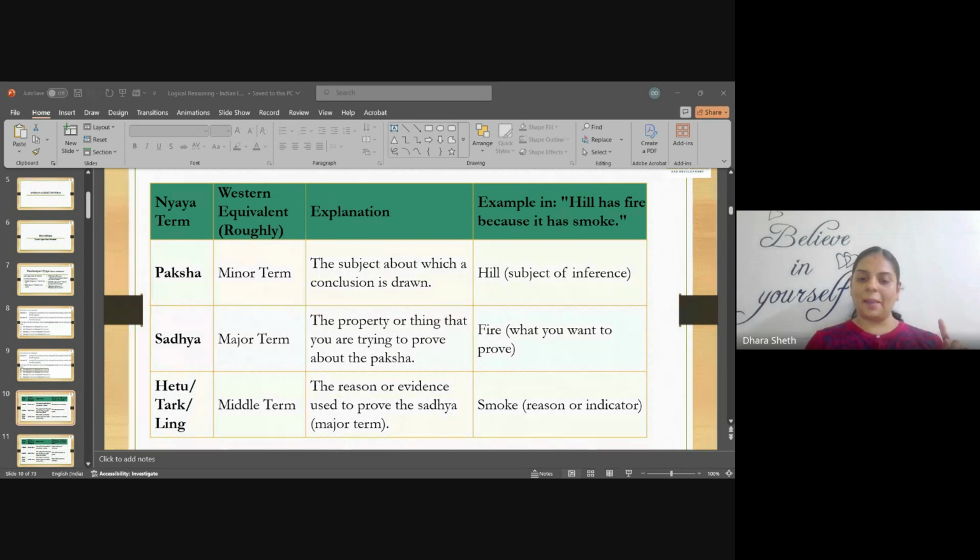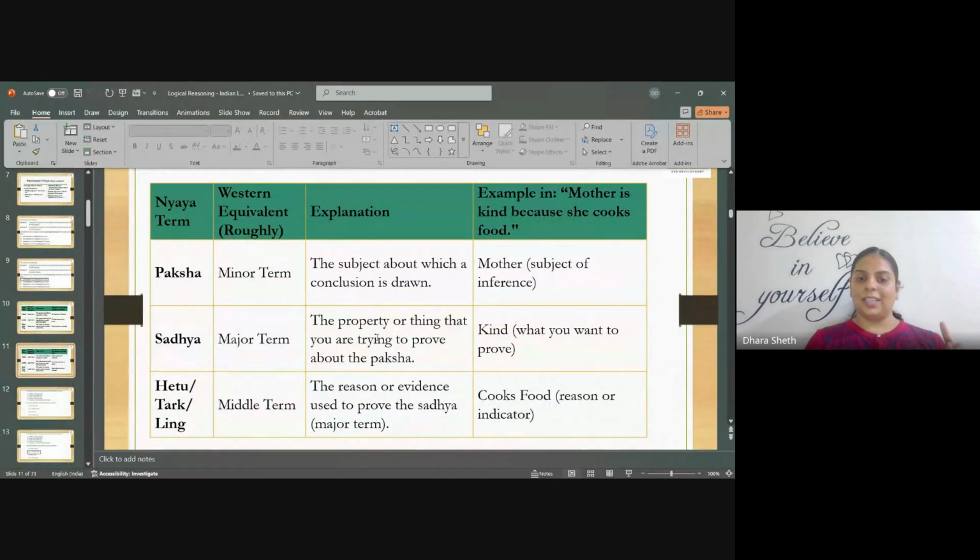A similar example, the first three columns are same here, only the example column has changed. Paksh, mother is kind because she cooks food. What are we talking about? Our paksh or minor term is mother. What are we trying to prove? That she is kind. Sadhya, major term, that she is kind. What is the reason?